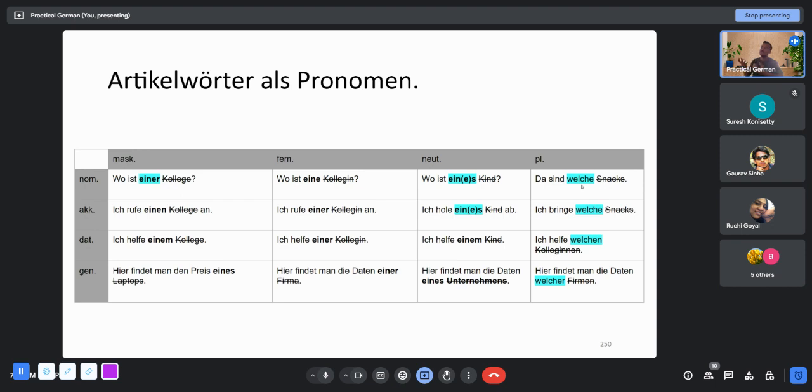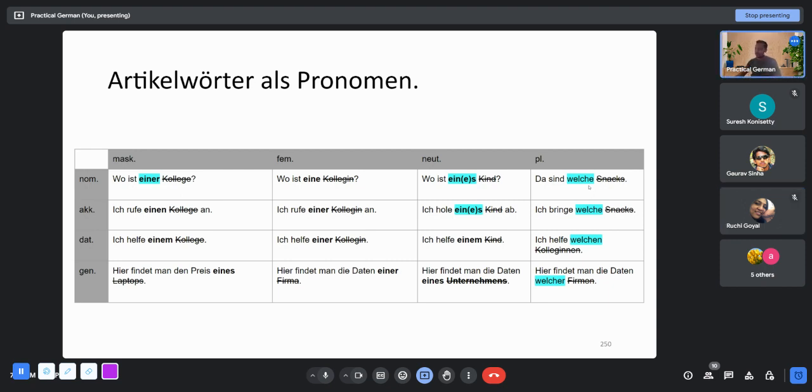That is the article word used as a pronoun when you are replacing something plural. When the noun is plural and before you are not using any article. If it was "the snacks", then you could have just said "das sind die". Make sense? Yeah, that is the reason.